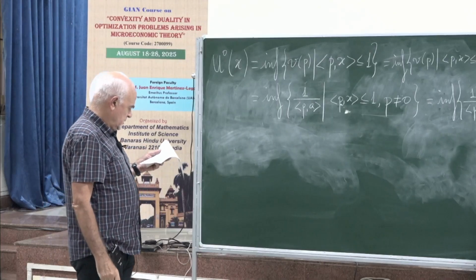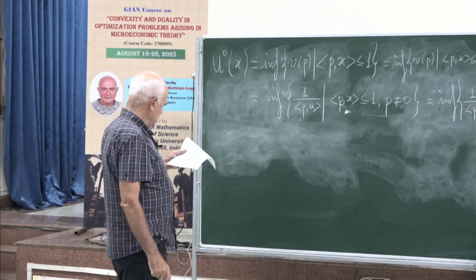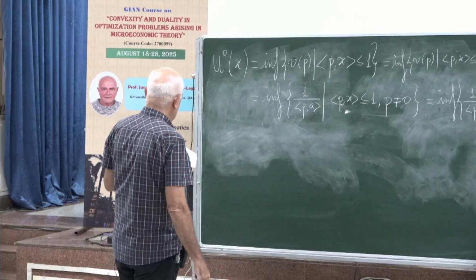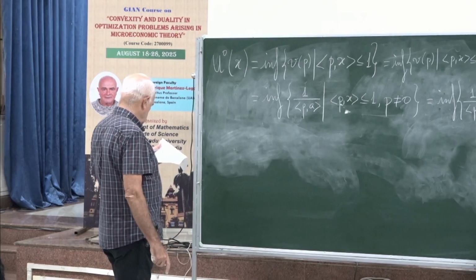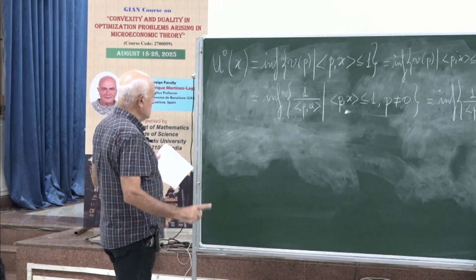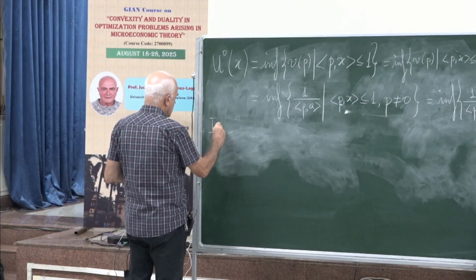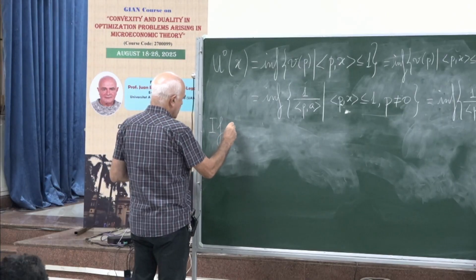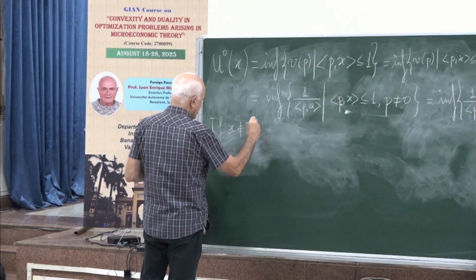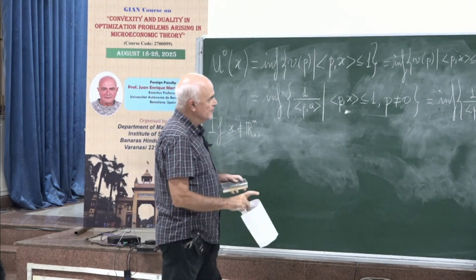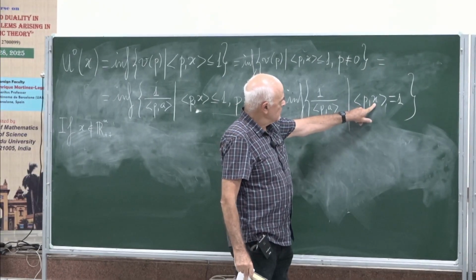I have to distinguish two cases. If x is not strictly positive, then some component is 0.